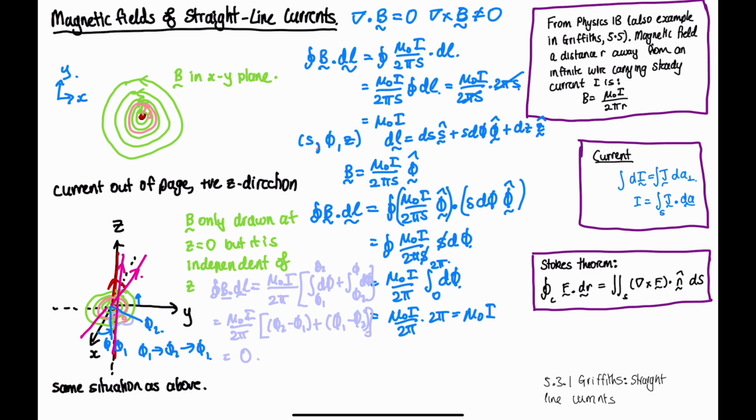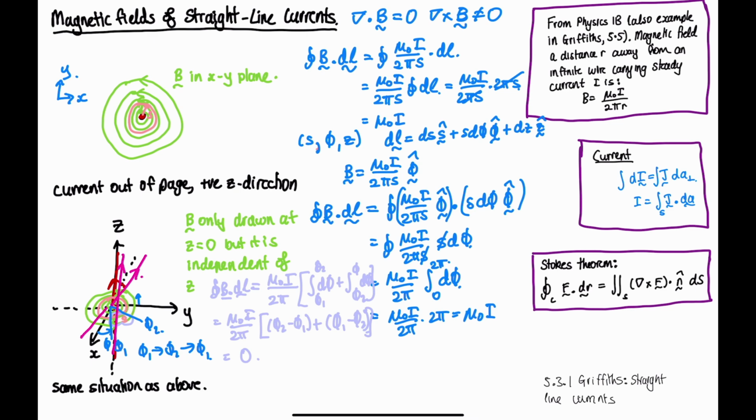And so these current-carrying wires are all included inside that loop. Well, we've seen that the distances cancel out. So it really doesn't matter how close this wire is to the edge of this loop.